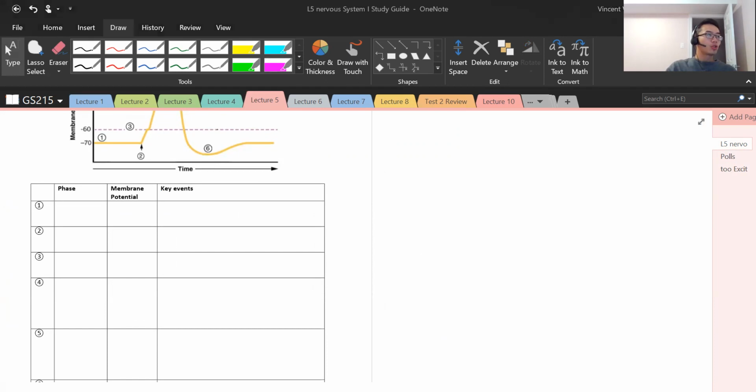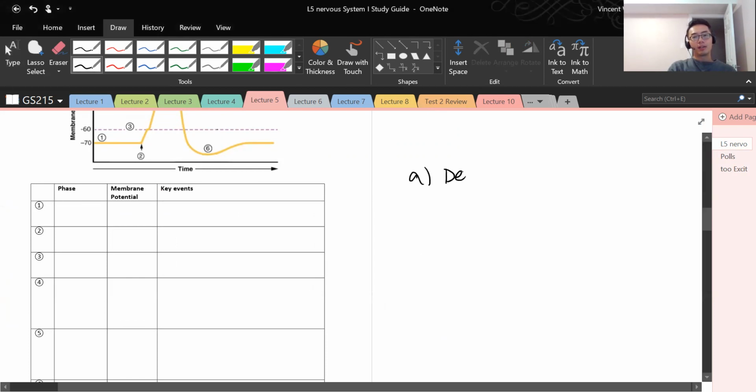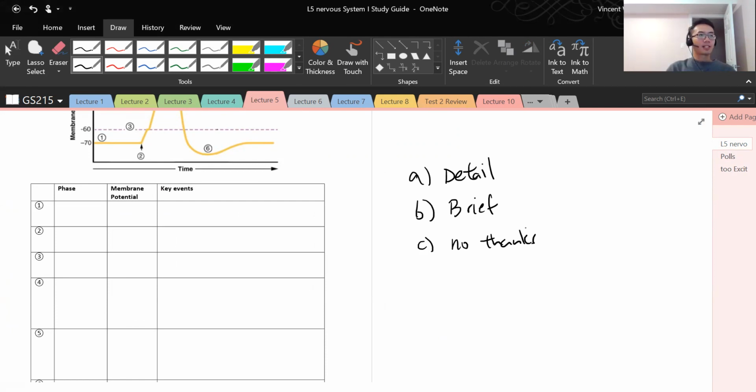I want to know, would you like me to go through the action potential again here, even though it was already covered? If you want me to go through it in detail, please choose A. If just brief, please choose B, and if no thanks, please choose C. Okay, the action potential with the influx, efflux.